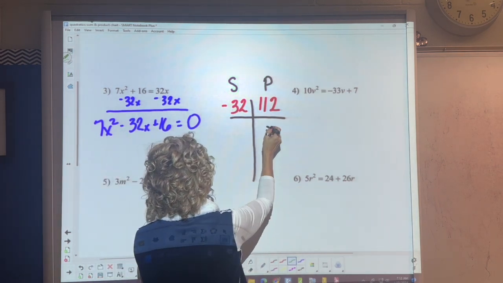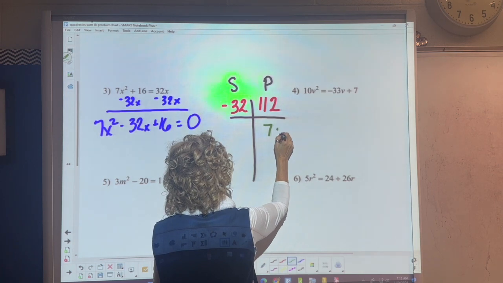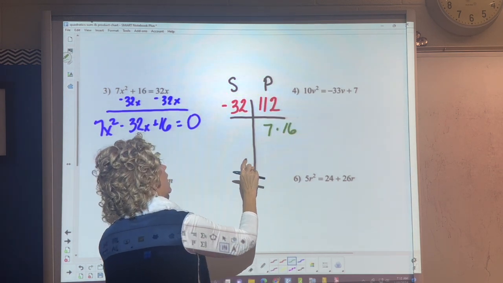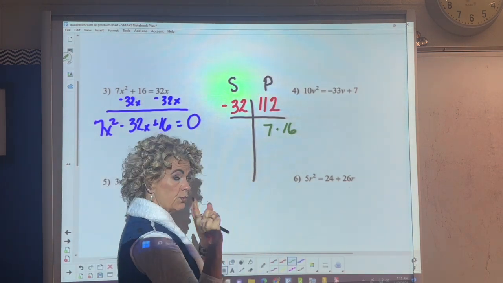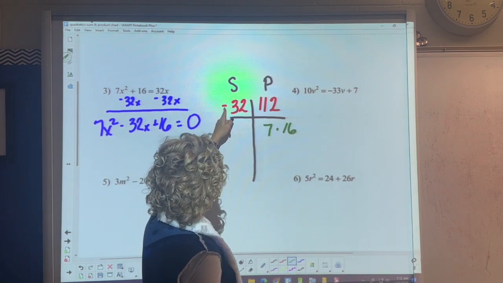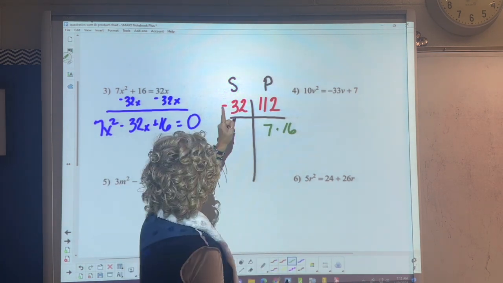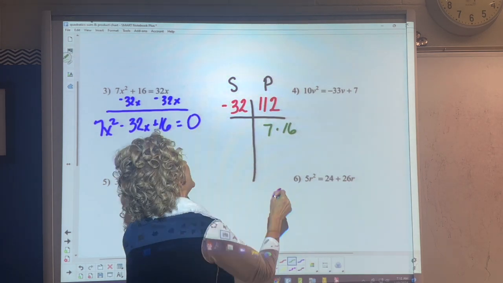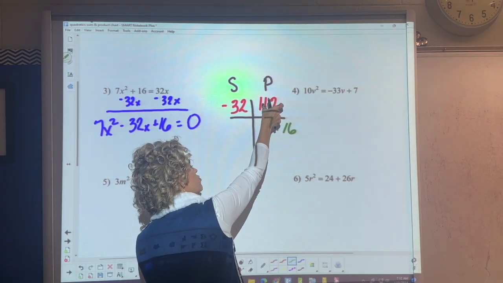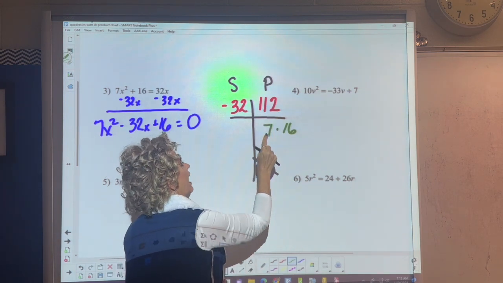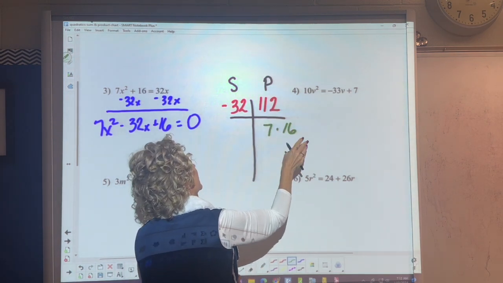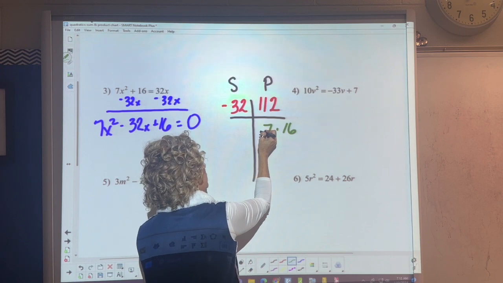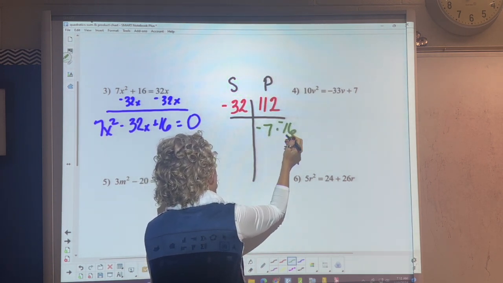Again, I always start with what I multiplied, 7 times 16. Now keep in mind, this is where we have to be careful. I'm multiplying to be a positive, but it adds to be a negative. So if it's a positive here, I either have 2 positives or 2 negatives. And since the sum is a negative, I'm going to have 2 negatives.